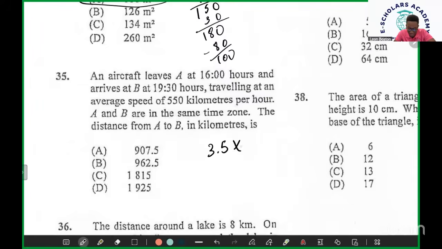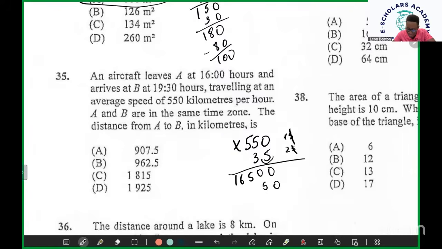So 3.5 times 550, since it was going 550 km every hour. If I multiply this, I turn 3.5 into a whole number, so I put a 0 underneath the 5. 3 times 0 is 0. 3 times 5 is 15, and 1 is 16. 5 times 0 is 0. 5 times 5 is 25. 25 plus 2 is 27.